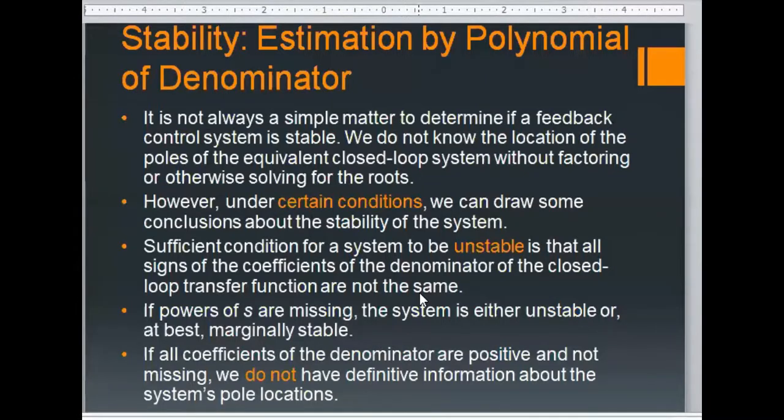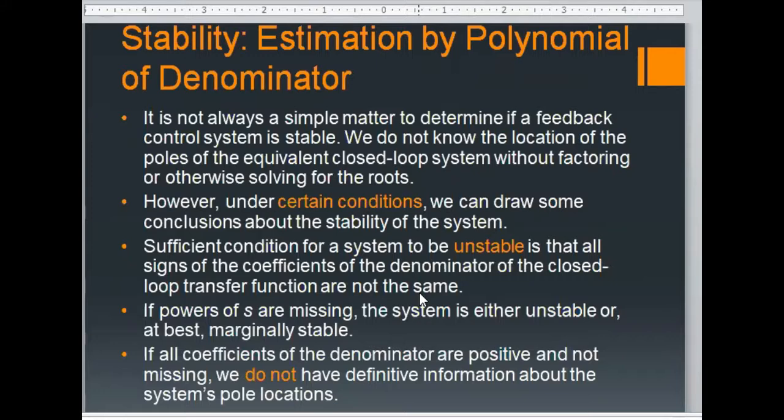But if one or two of them are negative, if any coefficient of the denominator is negative, that gives you an indication that the system is unstable.